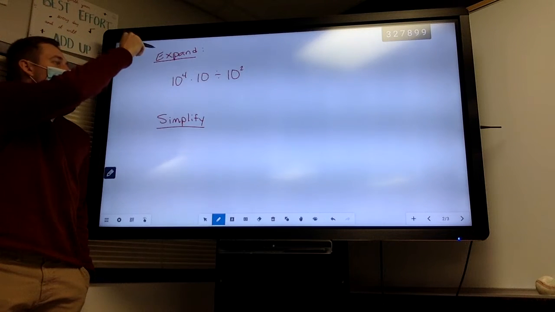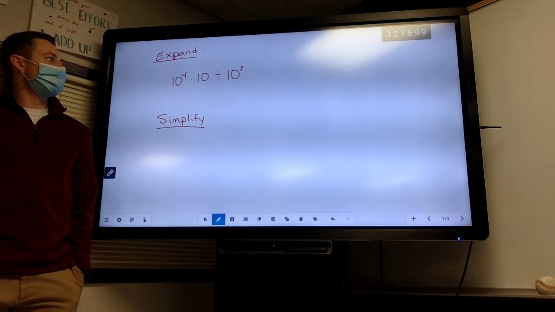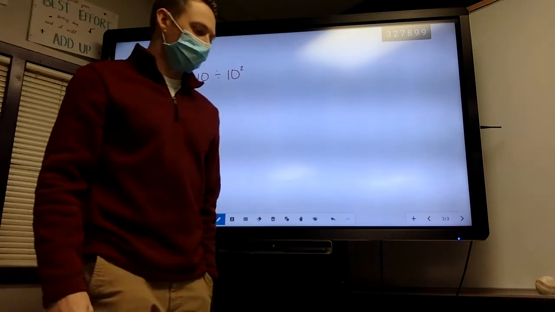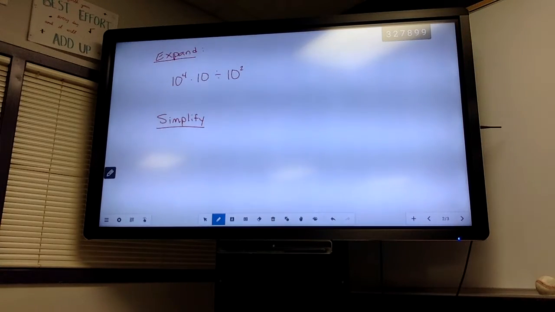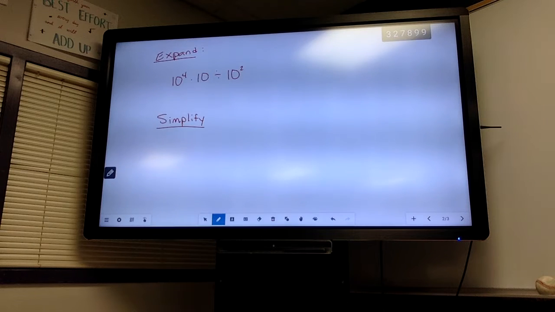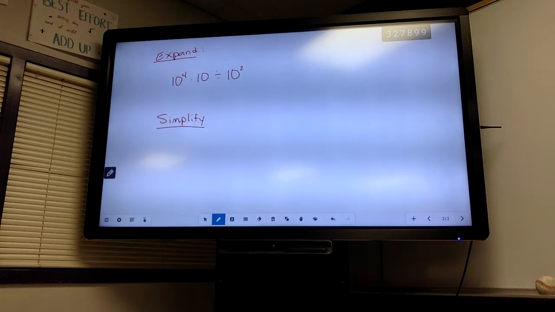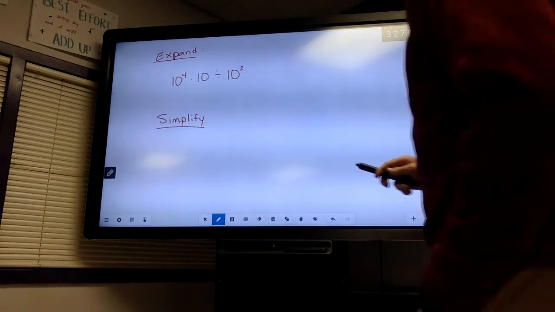Now we want to expand, but we have multiplication and division. So our problem is 10 to the fourth times 10 divided by 10 squared. And looking at that 10 that doesn't have an exponent, what is the imaginary exponent on it? 1, right? We don't write ones typically in math.